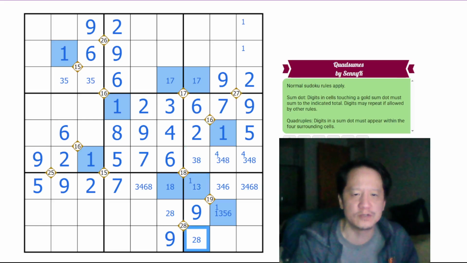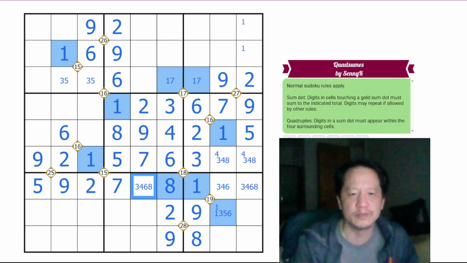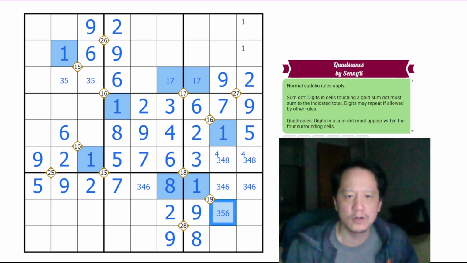2 eliminates 2 here, so it's 8, which eliminates 8 here, so it's 2 to add up to 28. 8 eliminates 8 here, so it's 3, 1, and 8, which eliminates 8 in the rest of the row. Therefore, we have 1, 9 here, so this cannot be 1 here. This is not the blue, so this blue eliminates blue here, and eliminates blue here.